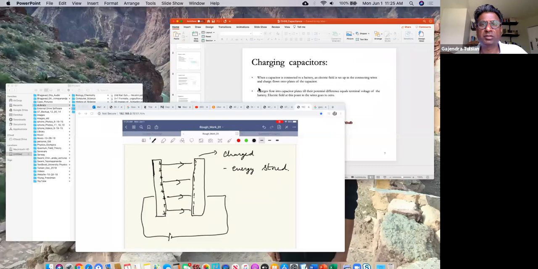When you close the switch, charge flows into the capacitor till the voltage across it equals 10 volts. Once the voltage across the capacitance equals 10 volts, then the charge flow stops.